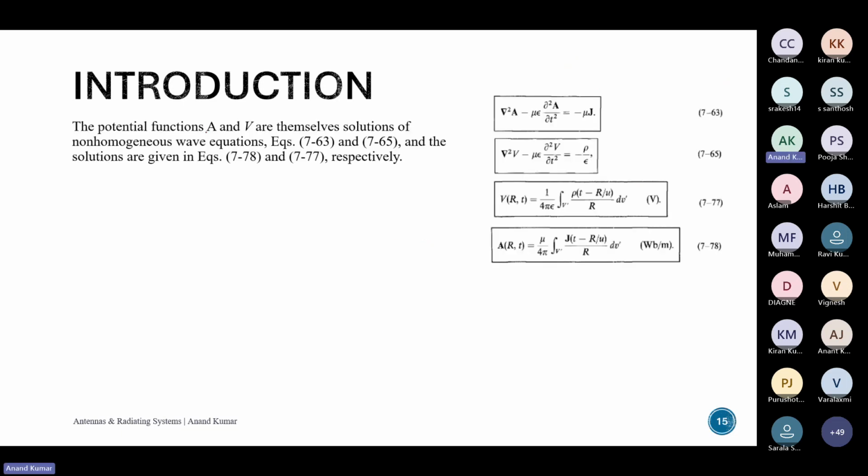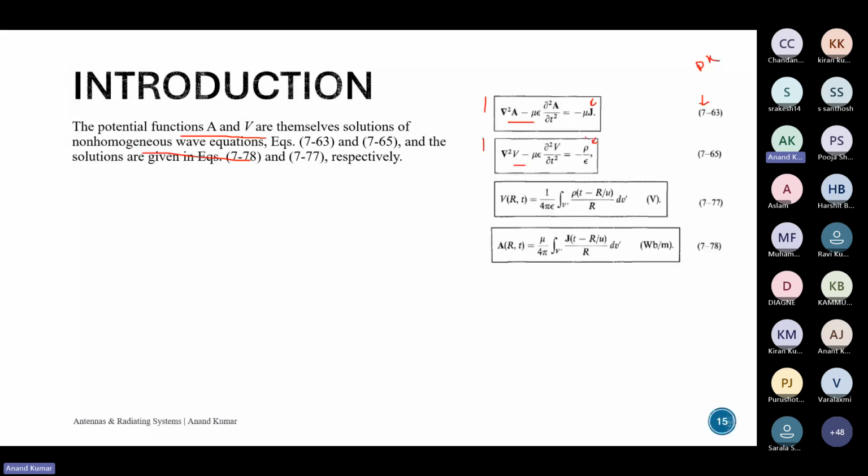The potential functions A and V are themselves solutions of non-homogeneous wave equations. If you go to chapter 7 of DK Cheng, you can look at how these equations were formed. Essentially, both these equations look like wave equations, non-homogeneous because we have some terms over here.